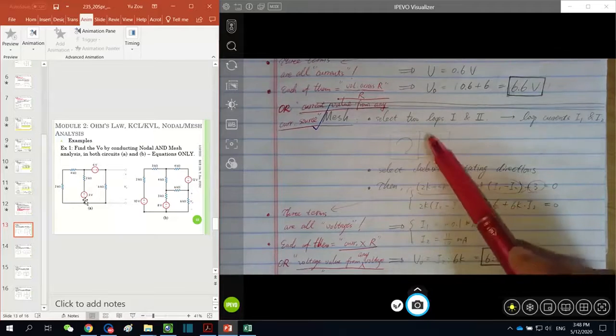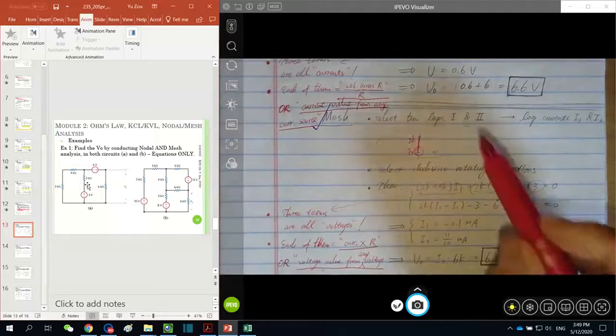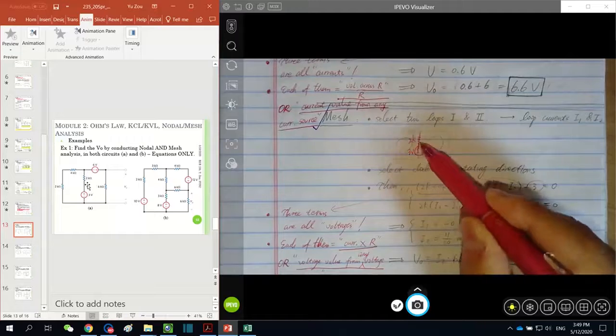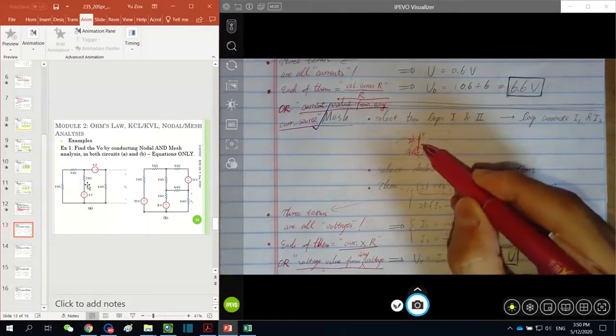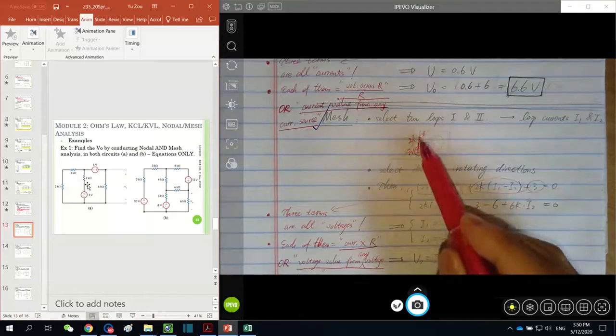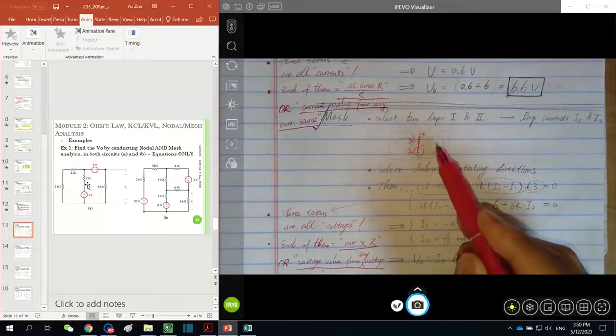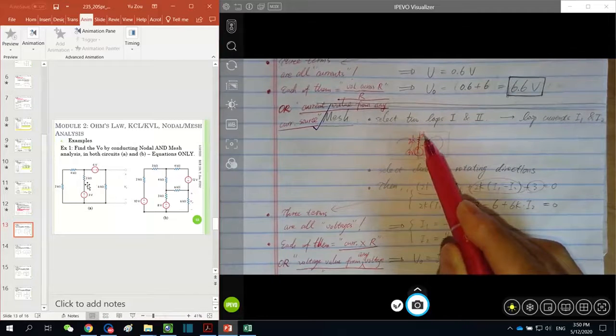For mesh 2 here, follow the same idea. In mesh 2, we first have a voltage across 2K. Previously we followed this voltage polarity in the first equation, right? So 2K times I1 minus I2, with a voltage across 2K following such polarity. Since our rotation direction is this way, we come across negative first, followed by positive.